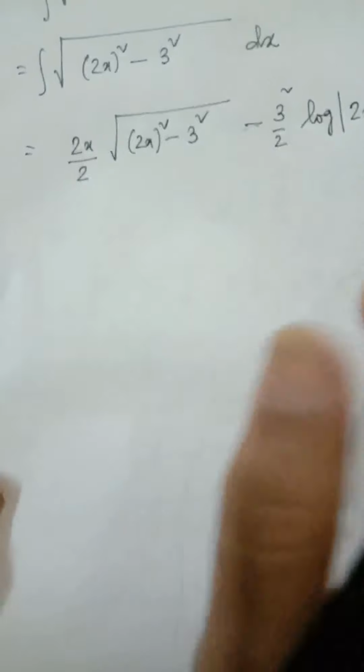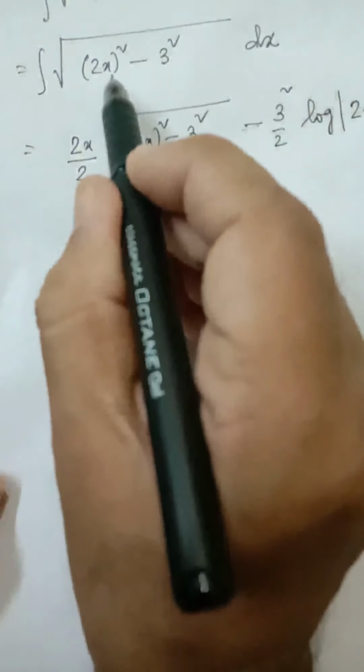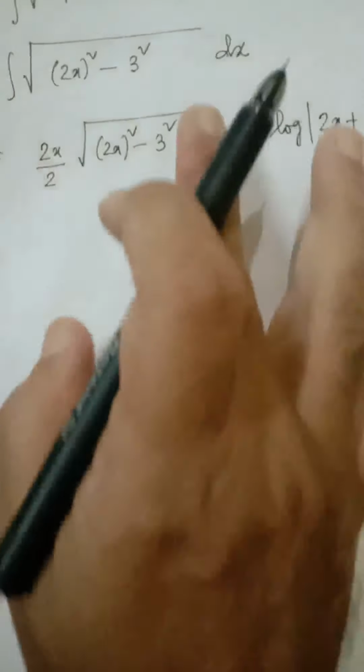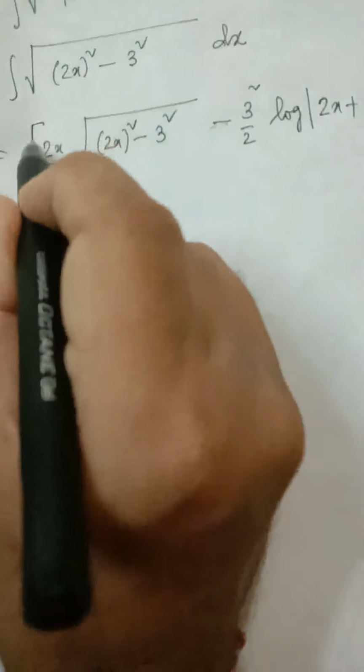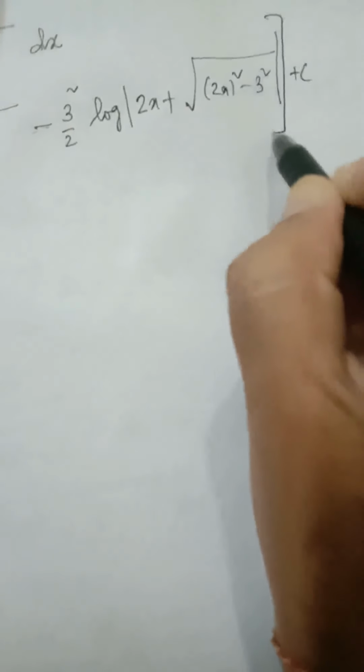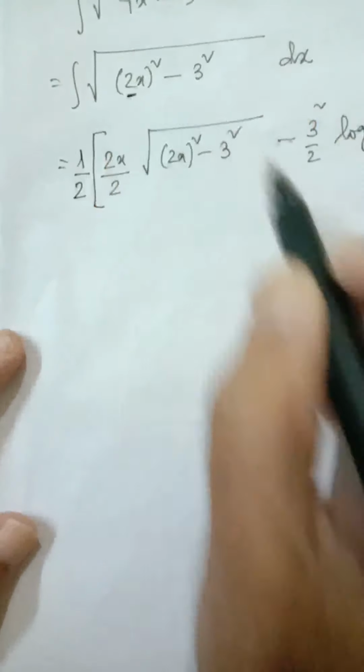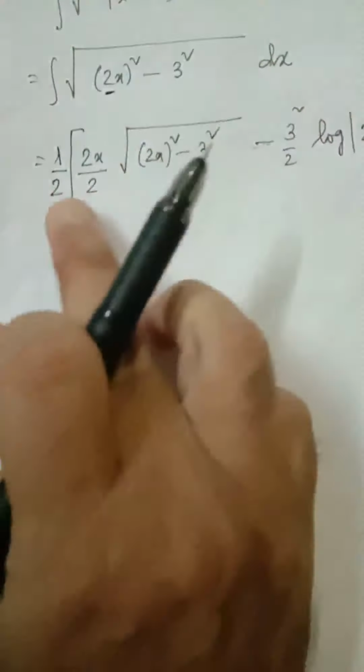Now what you have to remember, here coefficient of x is 2, so first of all we have to divide this by 2, so we'll put a bracket like this and we'll divide this by 2 because coefficient of x is 2 here, so we have to divide our answer by 2.